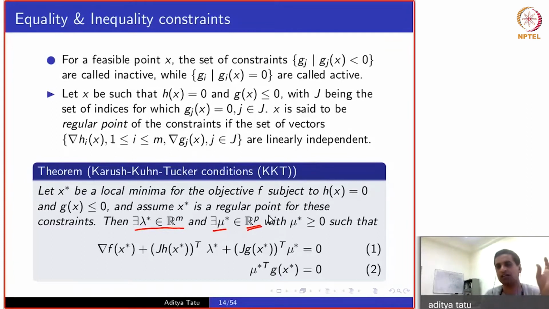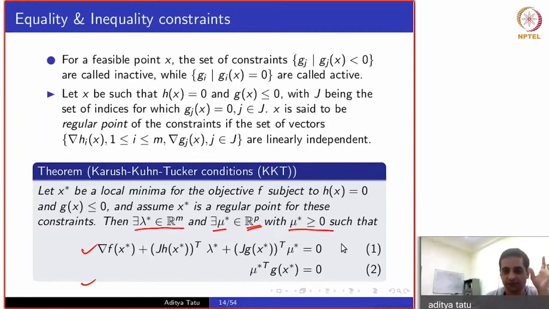Okay, so one Lagrange multiplier per constraint, whether it is equality or inequality. The difference in the Lagrange multipliers for equality and inequality constraints is that for inequality constraints, the Lagrange multipliers cannot be negative. Okay, and such that these two equations are satisfied.